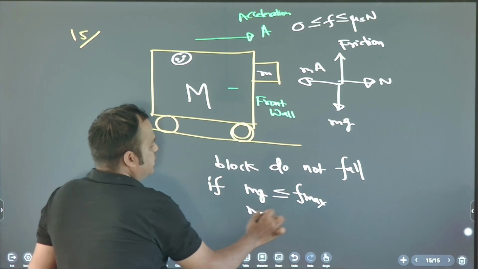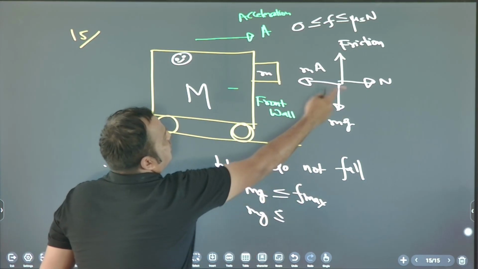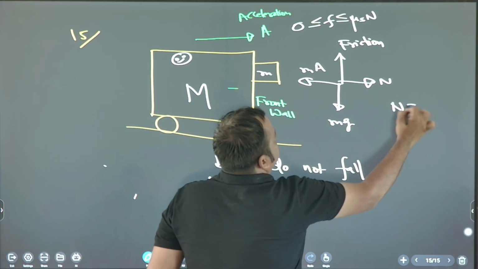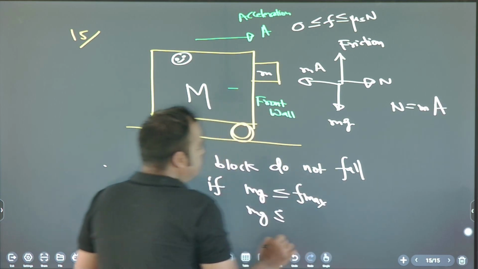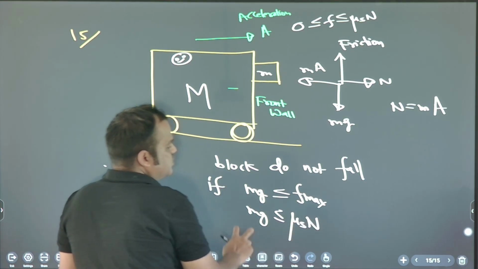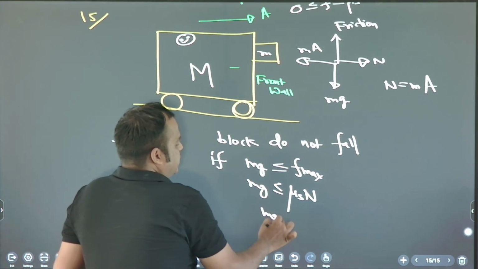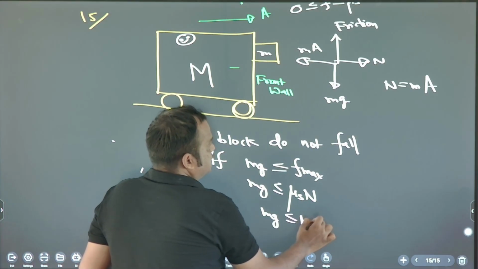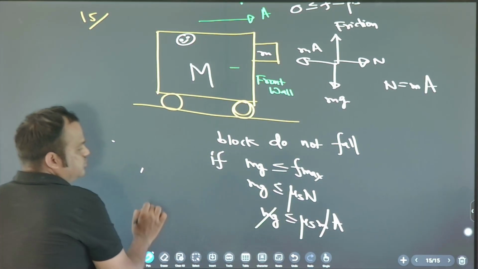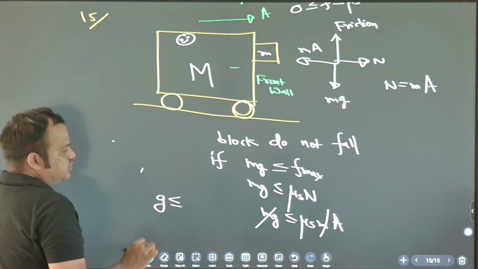So N and ma are equal. N is equal to ma. Okay, note down. Now substitute here: mg less than or equal to mu s m a. Understood? Clear? Cancel m.